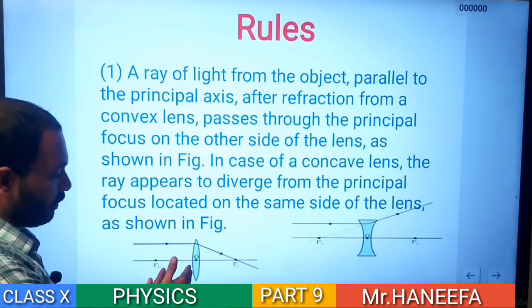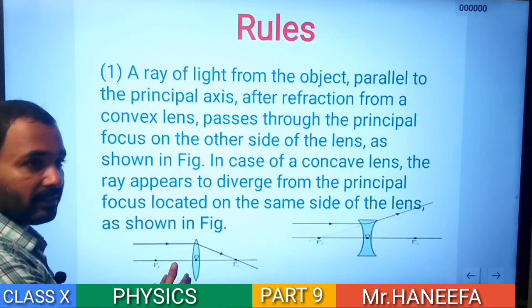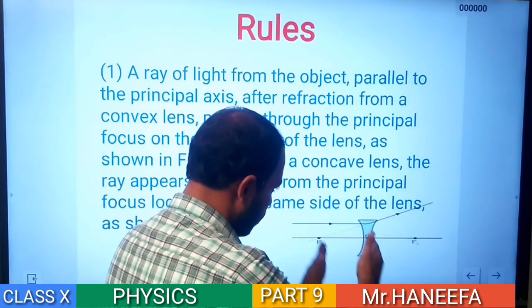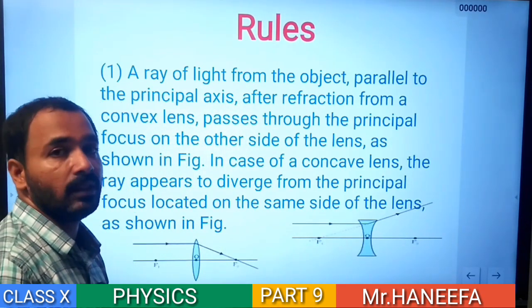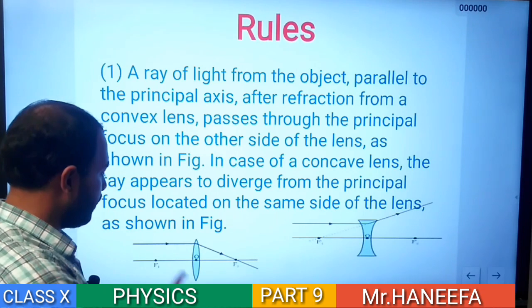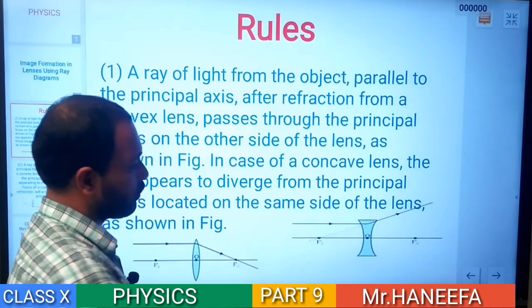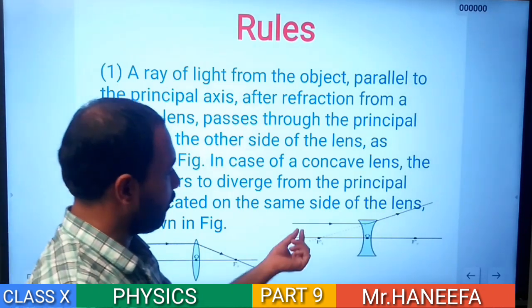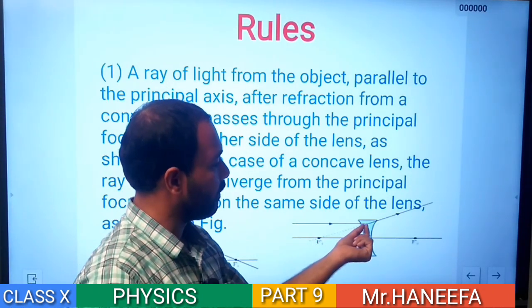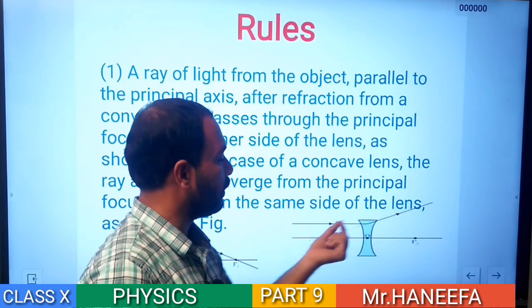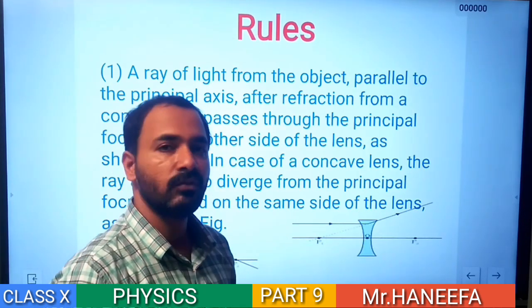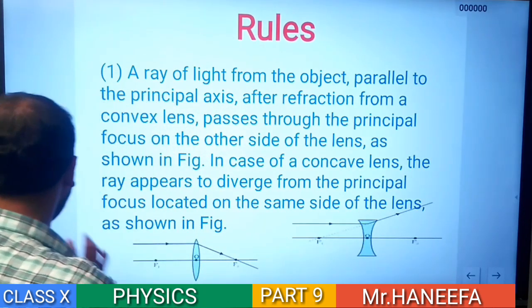This is the first rule in the case of convex lens, and this is the first rule in the case of concave lens. A ray parallel to the principal axis, after refraction it passes through the focus in the convex lens, and it diverges from the focus in the concave lens.